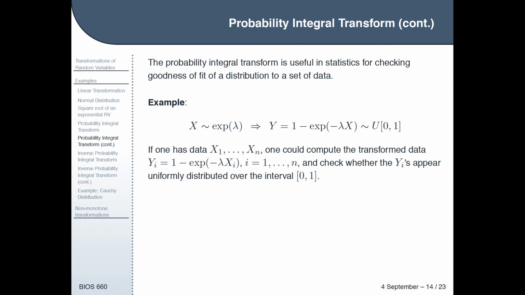So you transform these data points into something that should be uniform on 0 to 1, and see if it actually is uniform on 0 to 1. This is the basic idea behind QQ plots, to see if two distributions are the same, if you've ever done that sort of thing before.